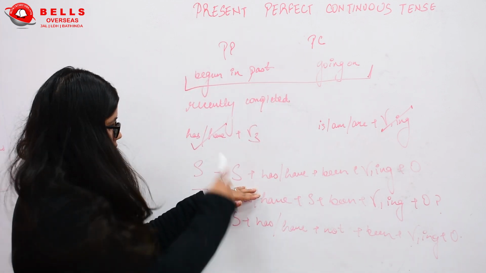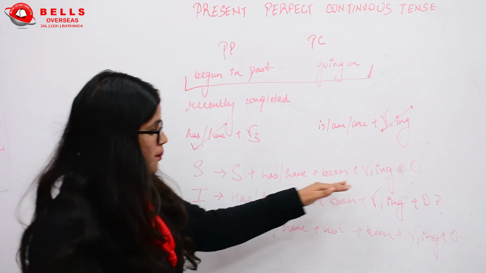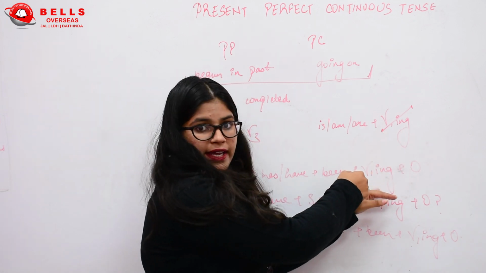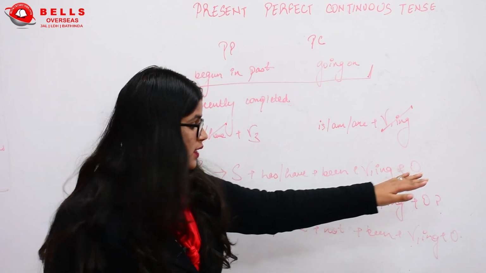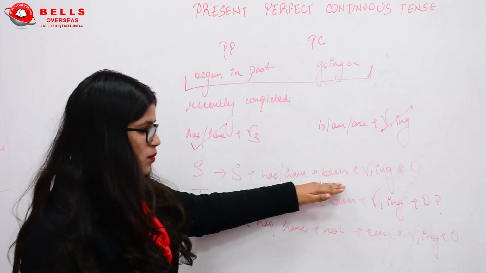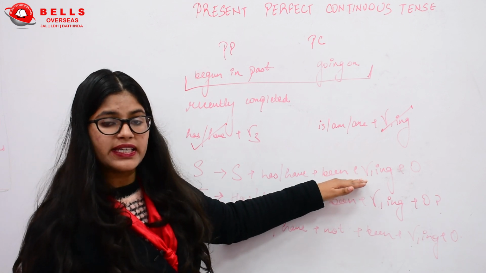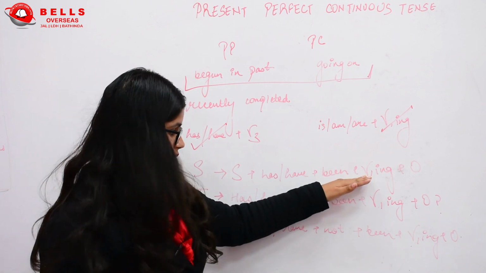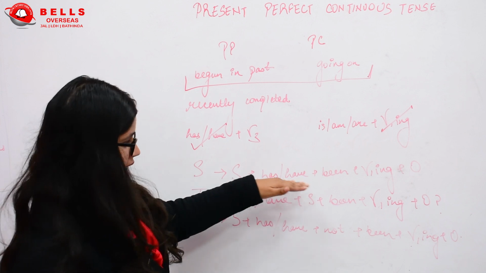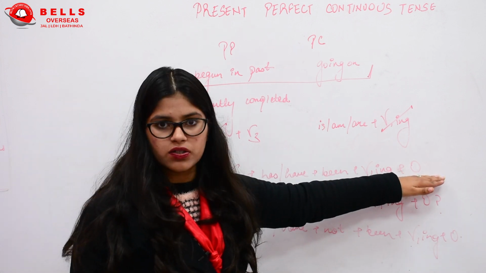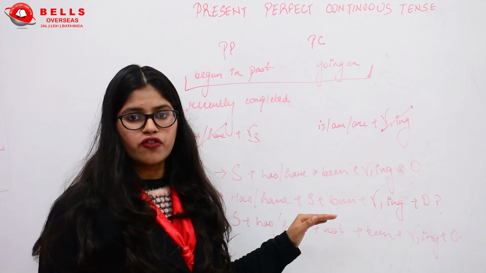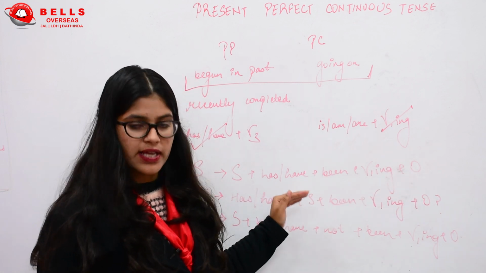Subject plus has, have plus verb first form with ing plus object. This is the structure of a simple sentence. It's just that we add the word been, B-E-E-N, to the sentence. So it is I have been teaching since 10 years. This is the structure of present perfect continuous tense.